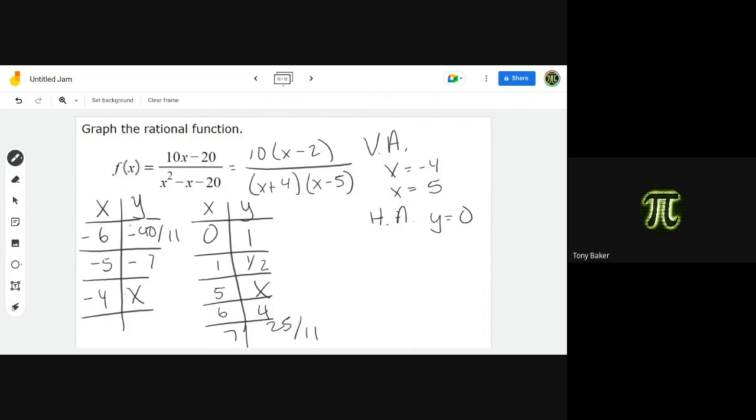So I only need one. I have the point in each.